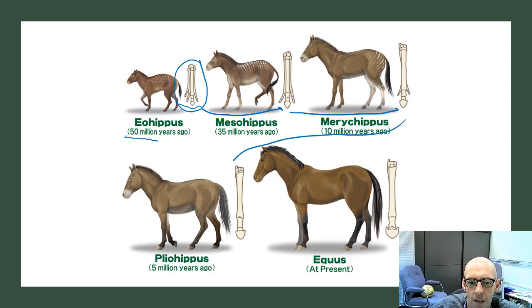And it changes again, and it changes again. And it's gone from having these flat padded feet to basically running on one toe, which is a horse's hoof. And it's gone from this little creature, about 30 centimetres big, as long as your ruler, to an animal that's taller than we are. Well, taller than you are anyway.